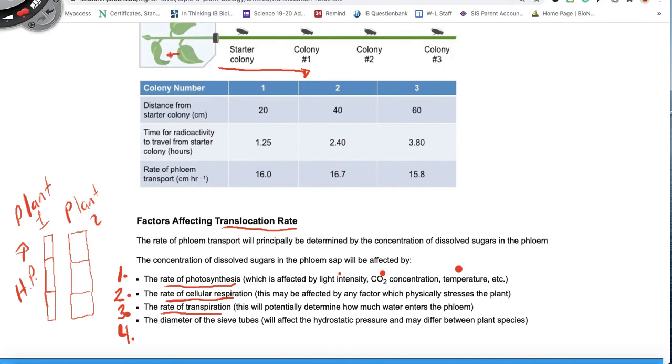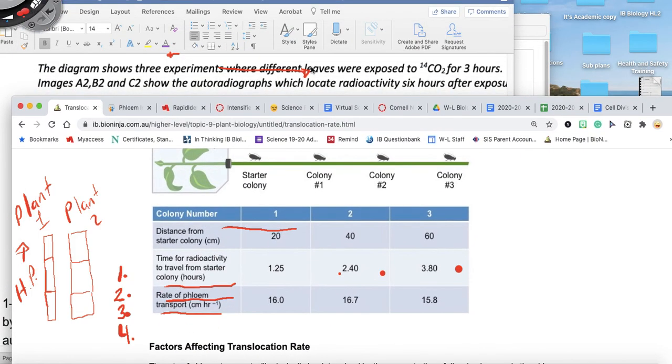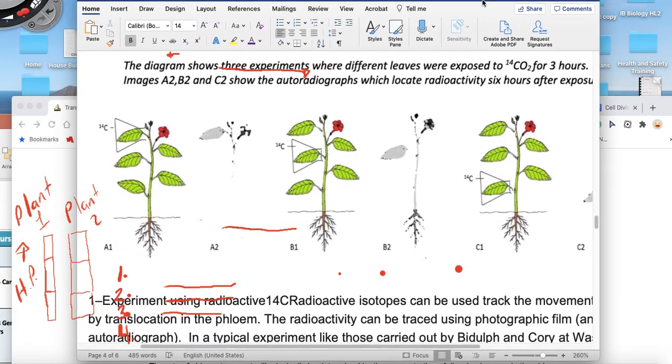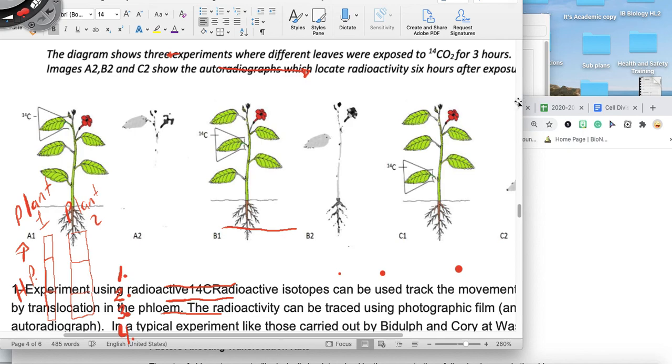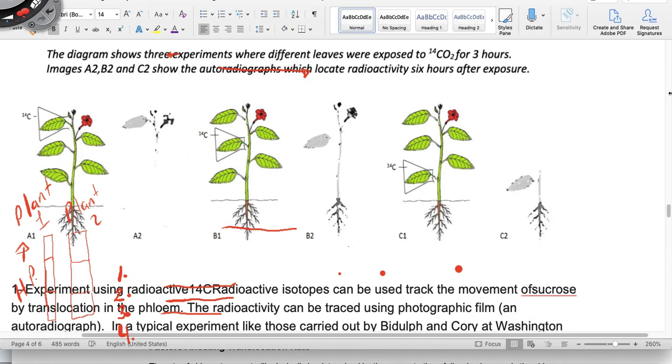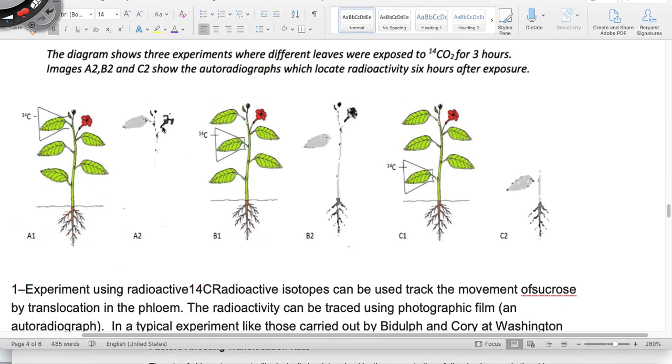In your activity, and I want to go over this just a little bit, you measured two ways how phloem was able to move along the plant. So this first diagram here shows how, for example, just one particular part of a leaf was exposed to radioactive carbon-14 or carbon dioxide.